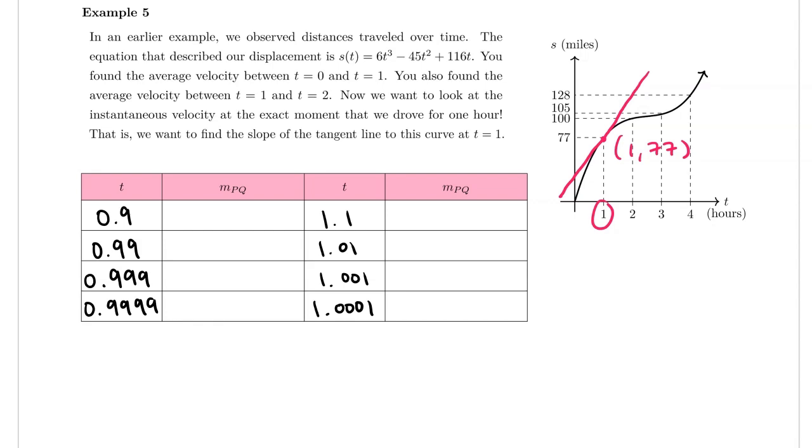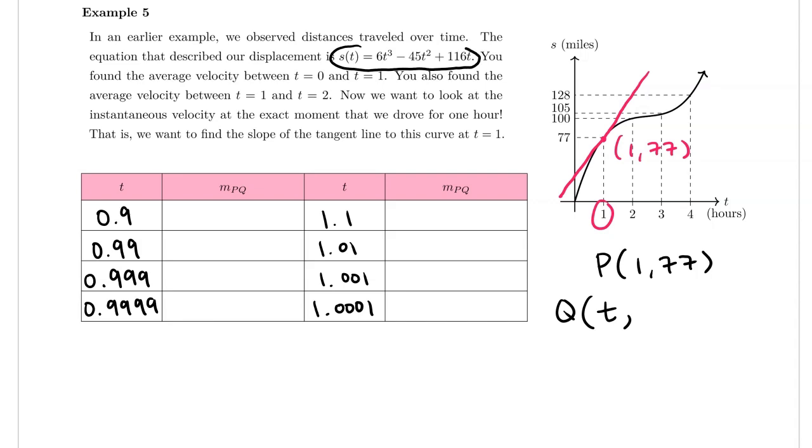Okay, so I plugged in some t values that are getting closer and closer to t equals 1. Now I want to once again find the slopes of the secant lines where my fixed point, my P, is (1, 77), and then my Q, the t coordinate, or the x coordinate, I don't know what that is, I'm just going to call it t, and then the y coordinate is going to be given.